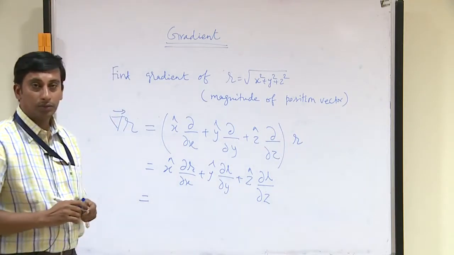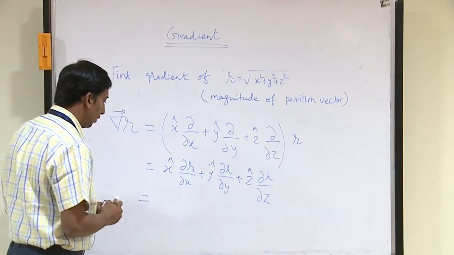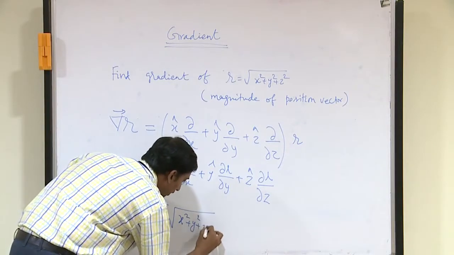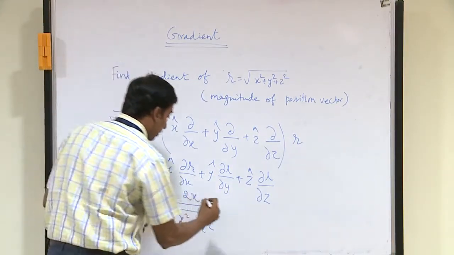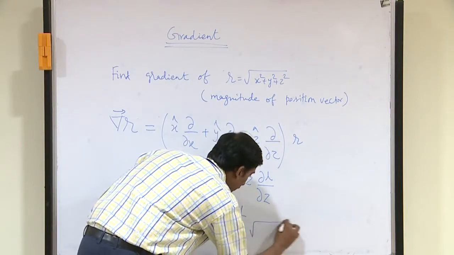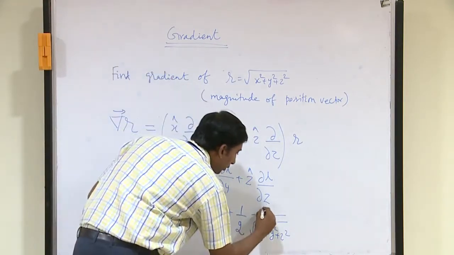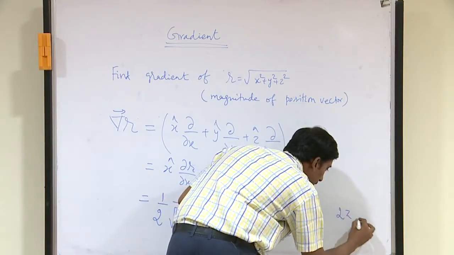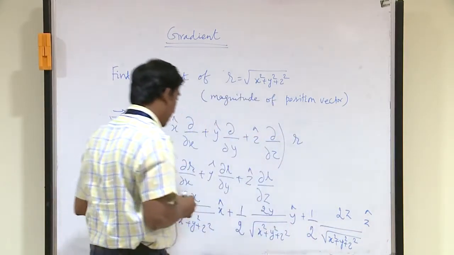So this will be equal to 1 by 2 square root of x square plus y square plus z square into 2x into x cap plus, in a similar way, 1 by 2 square root of x square plus y square plus z square into 2y y cap plus 1 by 2 square root of x square plus y square plus z square into 2z z cap.